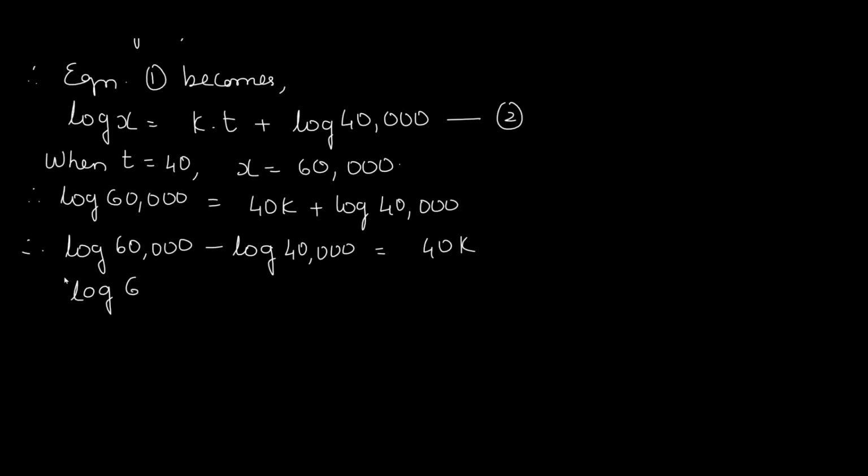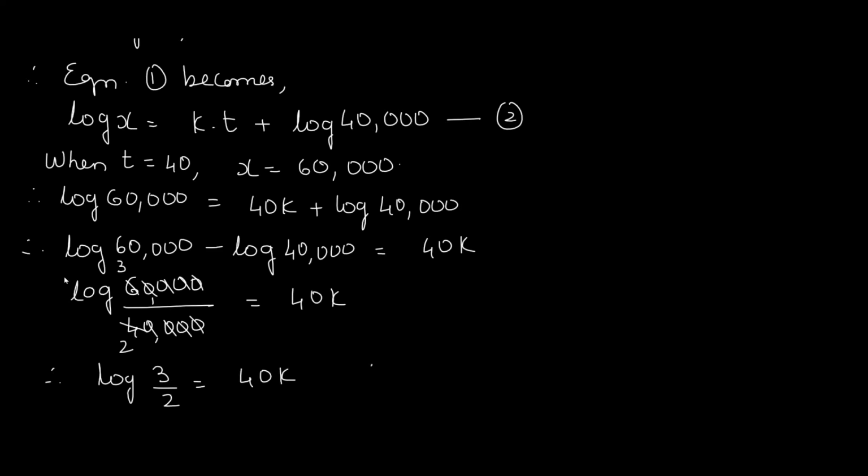So we get log 60,000 upon 40,000 is equal to 40k. Thus we can cancel out these zeros which are there and further simplify matters. So we get log 3 by 2. So therefore log 3 by 2 is equal to 40k. And therefore we get k is equal to 1 upon 40 log 3 by 2.